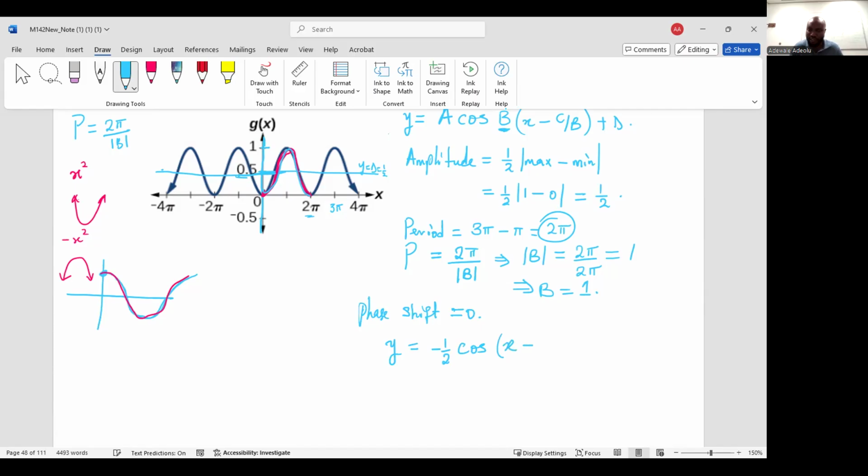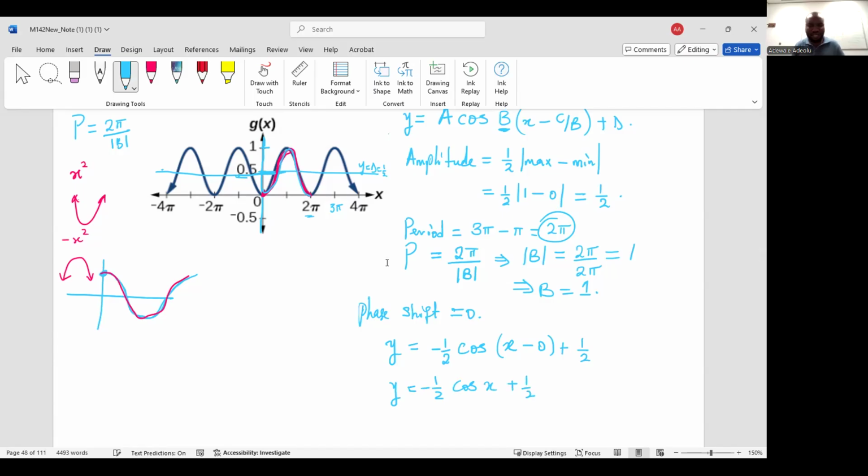So x minus 0 because I claim there is no phase shift. D is half, so plus 1/2. And we can see it is a vertical shift upward, so that is fine. So conclusively, we have y equals negative 1/2 cosine of x plus 1/2.